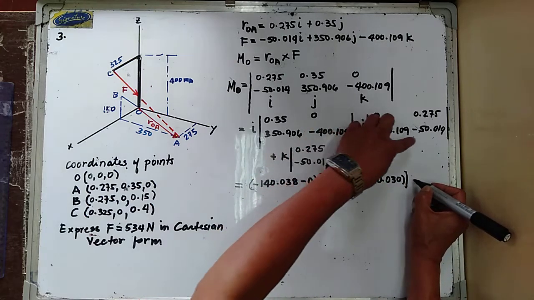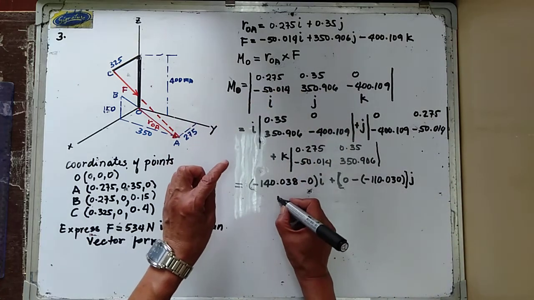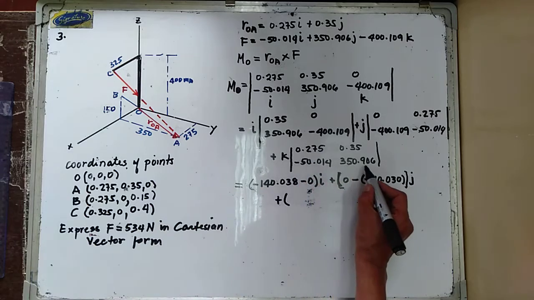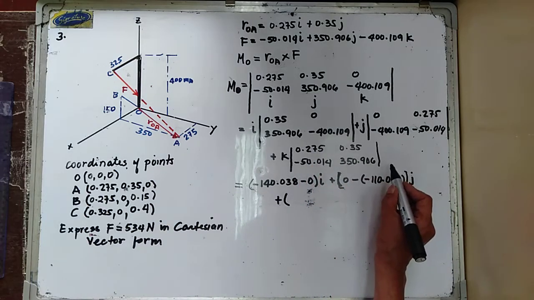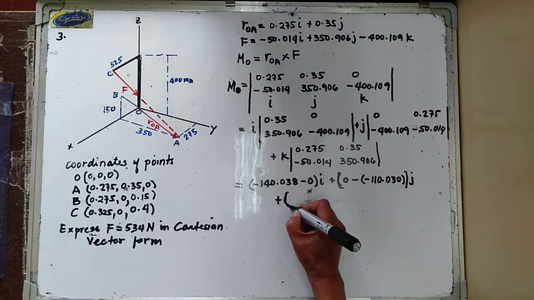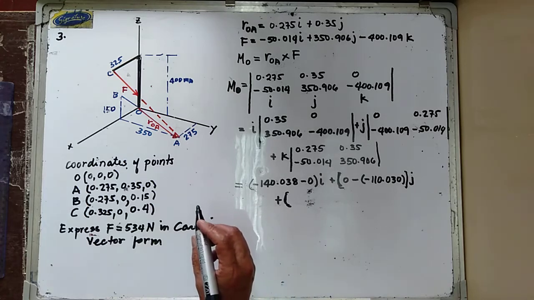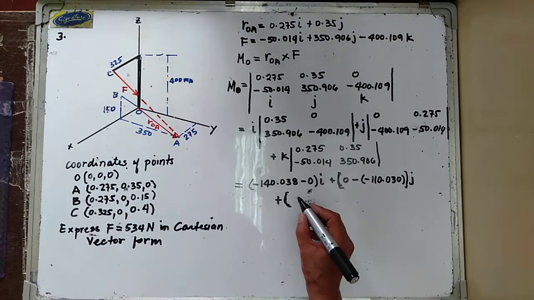So we now have your J. Okay, so plus. Again, this is positive. So we have positive 0.275 by 350.906. That is 96.276.